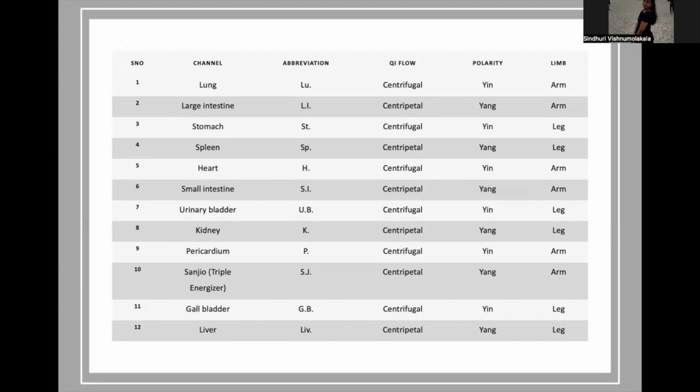The three yin channels of the foot are spleen, kidney, and liver. These are very important and we should memorize this chart.